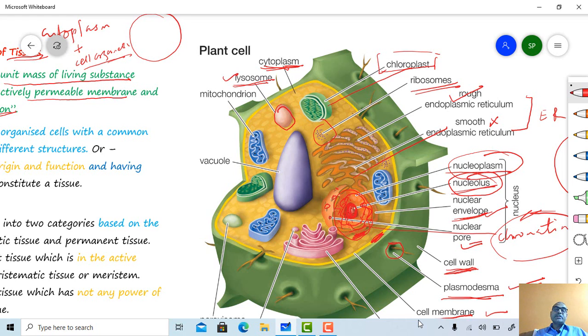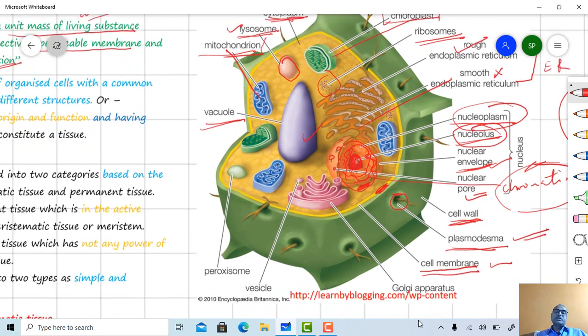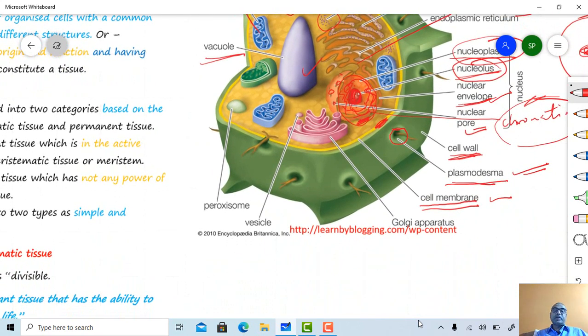Then mitochondria are present. Mitochondria are the powerhouse of the cell as they are involved in the process of respiration. Vacuoles are also present within the cytoplasm. Then the peroxisome, which destroys the hydrogen peroxide reaction within a cell. Then minute vesicles are present. These are the Golgi complexes.